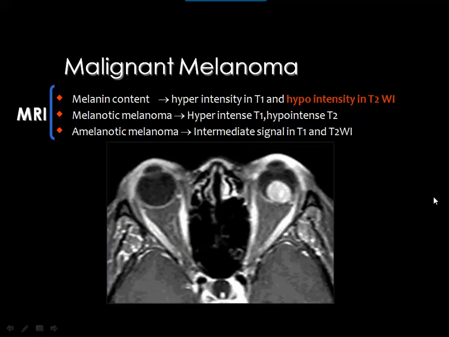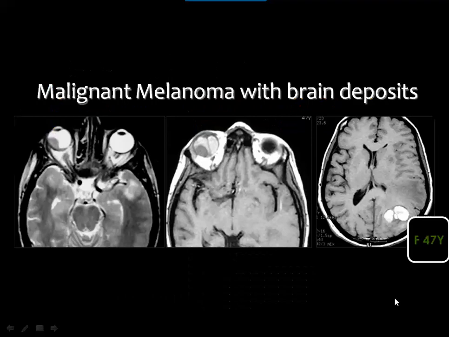If the melanoma contains melanin, it will appear of high signal in T1 and low signal in T2. But if it does not contain melanin, in cases of amelanotic melanoma, then the lesion will show intermediate signal in both T1 and T2. But in both conditions, the lesion will show some enhancement after contrast injection.